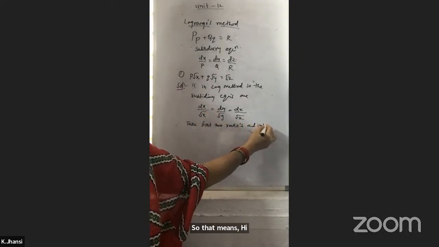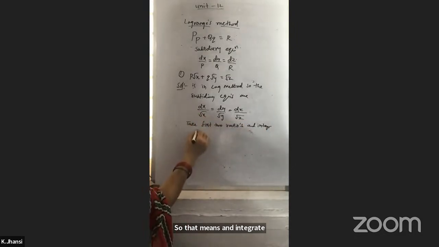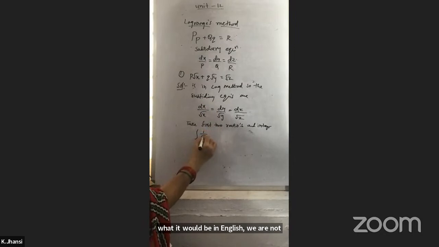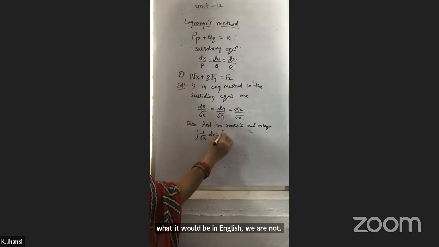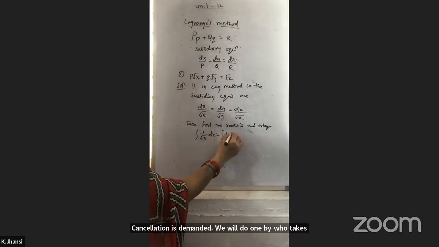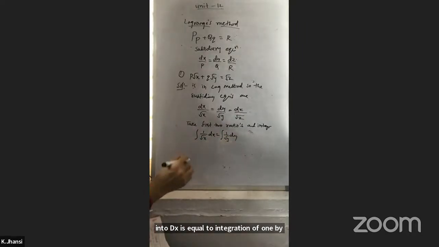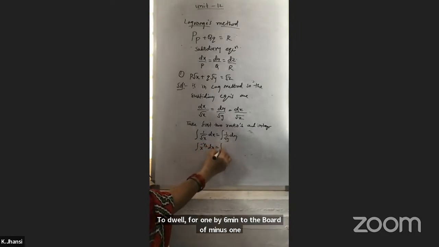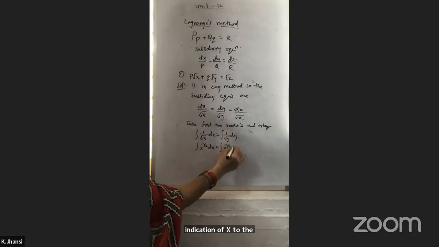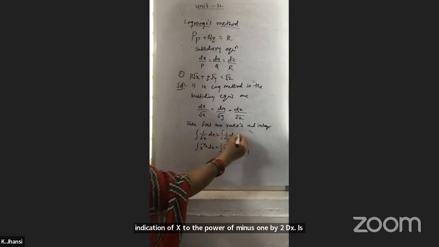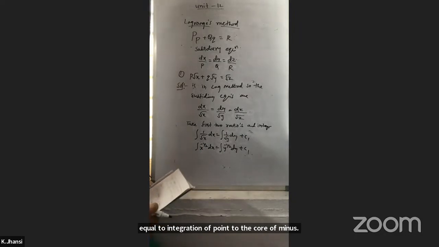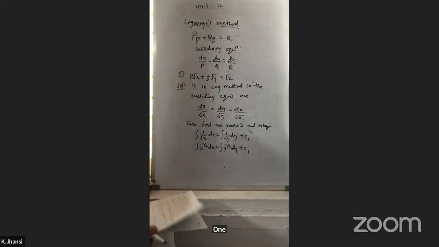I am writing here and integrate. So what will the integration be here? No cancellation is there. Directly you can do integration of 1 by root x into dx is equal to integration of 1 by root y into dy. So 1 by root x means x to the power of minus 1 by 2. This is integration of x to the power of minus 1 by 2 dx is equal to integration of y to the power of minus 1 by 2 dy plus c1 here. Okay, for the first solution we have c1. So directly I am writing the answer here.